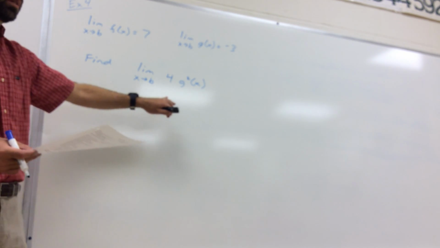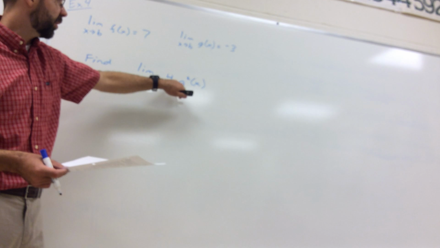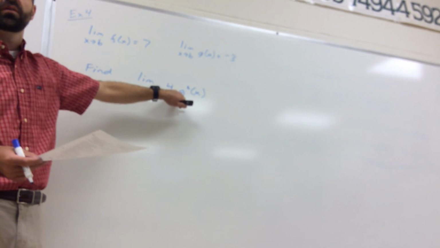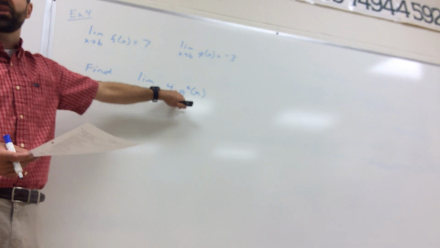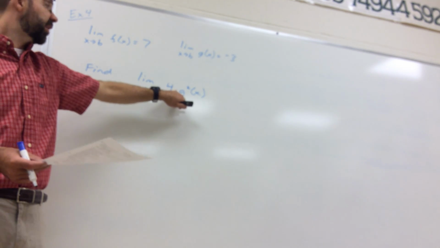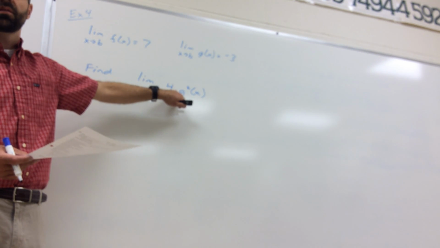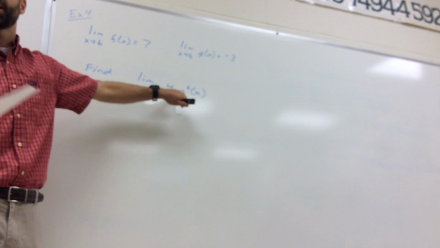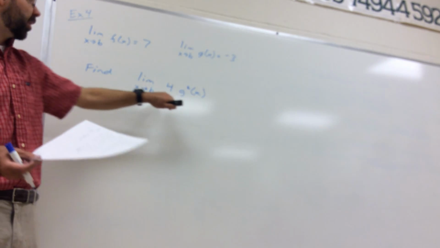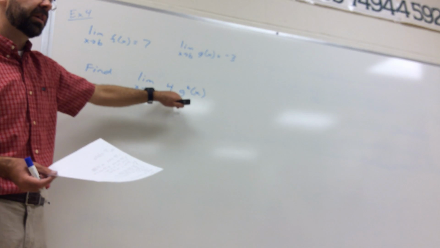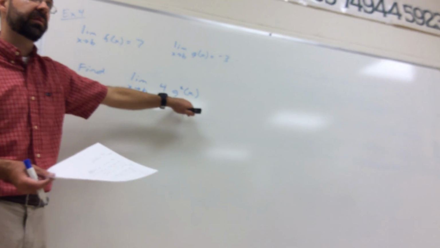Okay, so first of all, what symbol could go in here? A multiplication sign, right? Can limit go past multiplication? Yes, that was the second limit law we had. So I can put limit of 4 times limit of this.